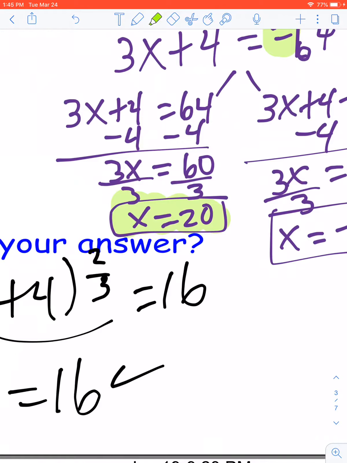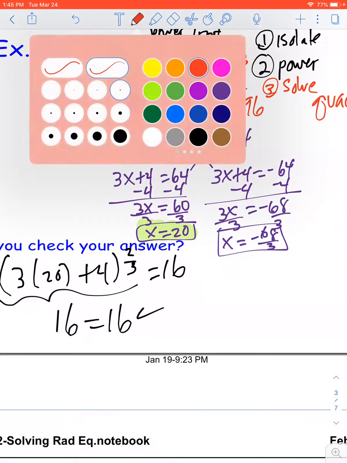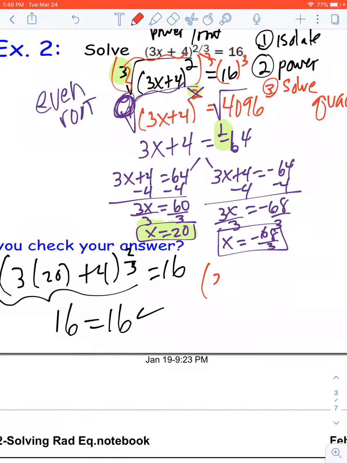Now I have to check negative 68/3. So let's change color here. I need to see if 3 times negative 68 over 3 plus 4 to the 2/3 equals 16. All right, let's use our calculator.